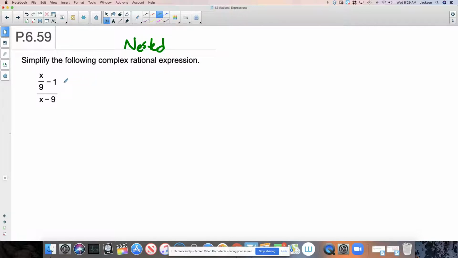And there's a couple of different ways we can attack a problem like this. In terms of simplifying it, what that means is they don't want this fraction inside of this other fraction, okay? There are two methods we can use. One method is, and I'll just leave this up here, because this is a fraction, if you multiply the numerator and denominator by the same thing, you're multiplying by 1, right?